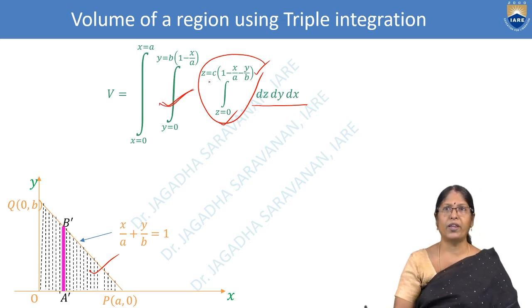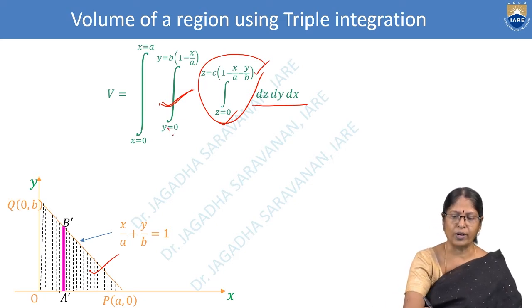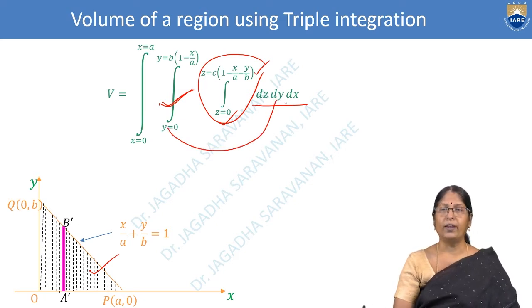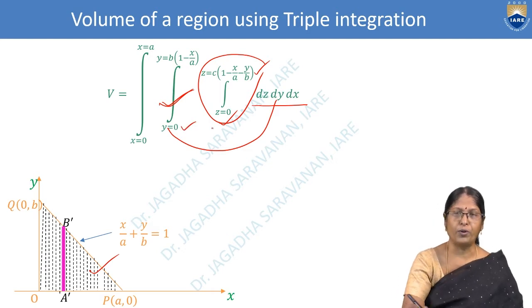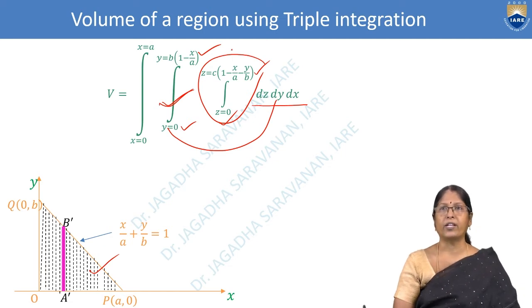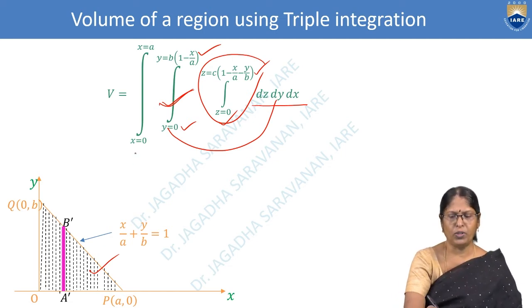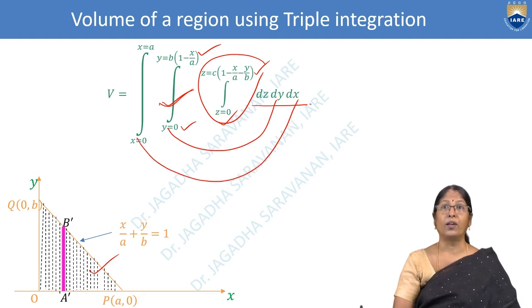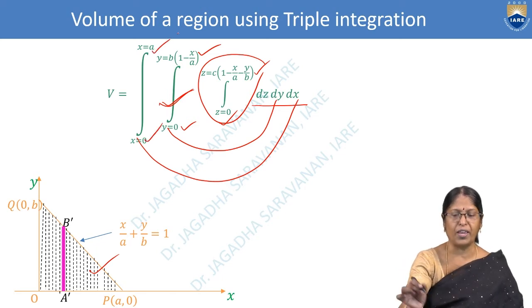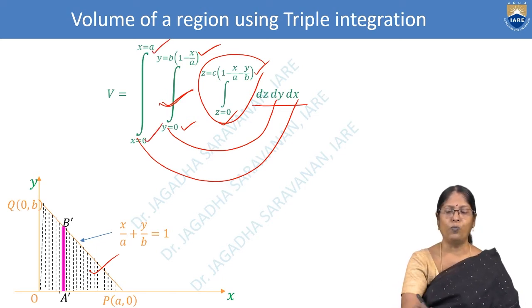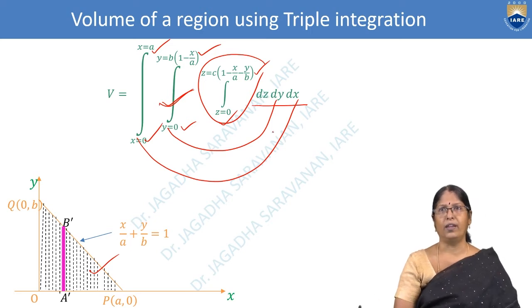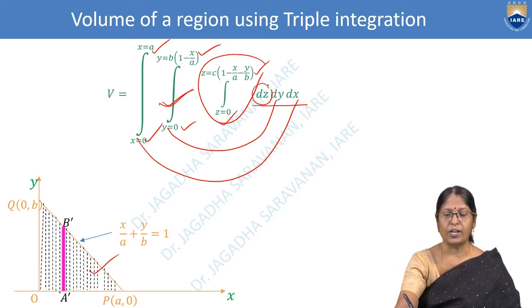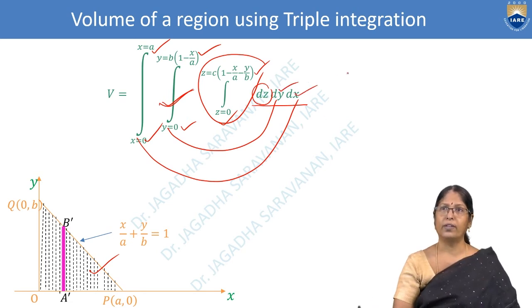The middle integration we are going to do with respect to y, with limits from y equal to 0 to y equal to b times (1 minus x by a). The outermost integration is with respect to x, from 0 to a. Now we will evaluate this integral first with respect to z, next y, and the last one x.